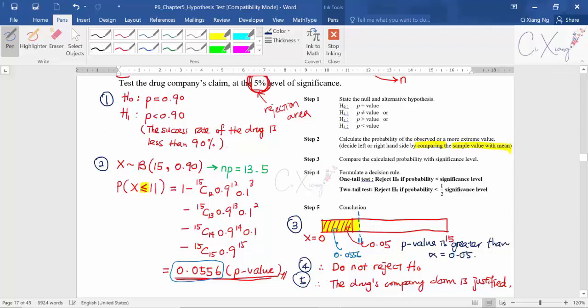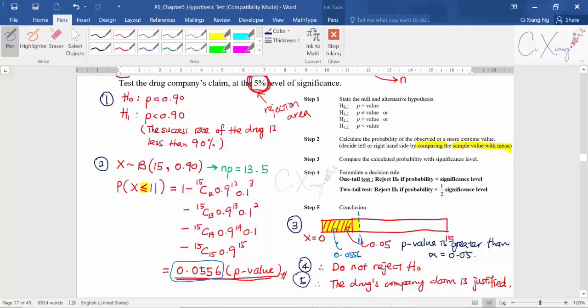Then you do not reject the null hypothesis and the drug company's claim is justified. Most books only write out the statement to clarify it. For me, I draw it out because at least I can see it in a clearer way, that it's very obvious the 11 falls under the acceptance region. From there I make a decision and conclusion.